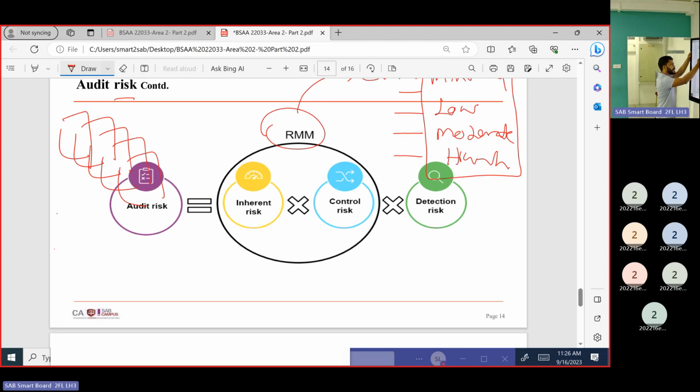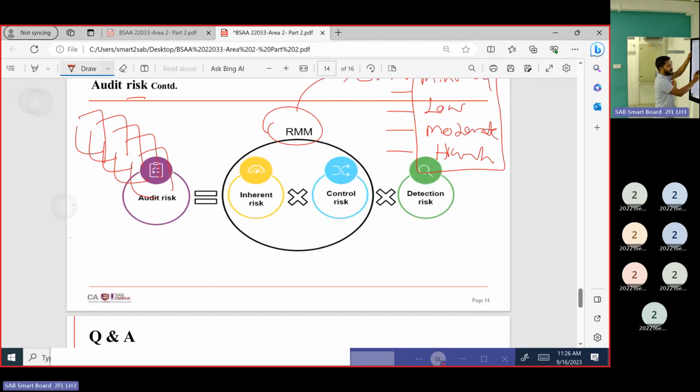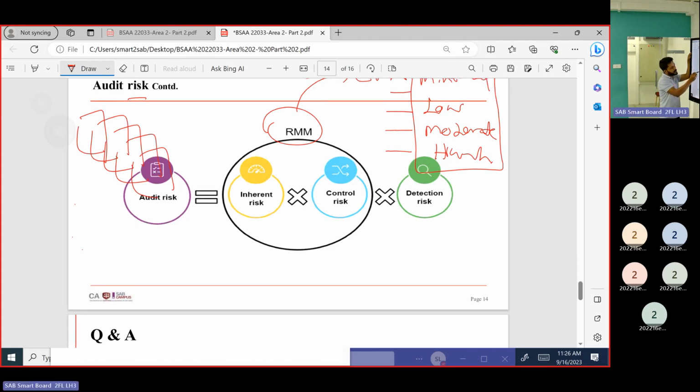So we can do the risk assessment on the financial statements. How can we do that? Because of inherent risk and control risk, are the financial statements misleading or not? Because of the risk of material misstatement. And then you can get one element out of this.